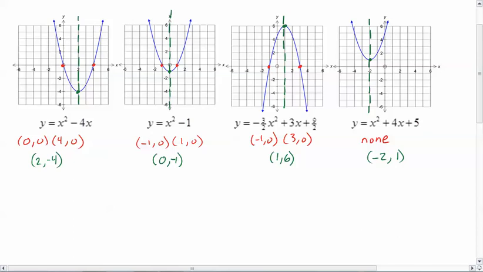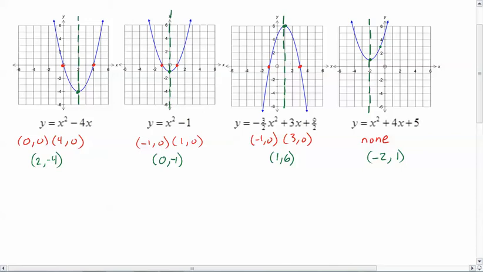Now this one, even though we don't have the x-intercepts, we can choose any point on that line, right? And say even this one right here, which is about 1.5 spaces to the right, that one is about 1.5 spaces to the left. And so we recognize that all points on the graph are equidistant, or the same distance, from the axis of symmetry. So you can go to the right or to the left and you get the same amount of spaces.